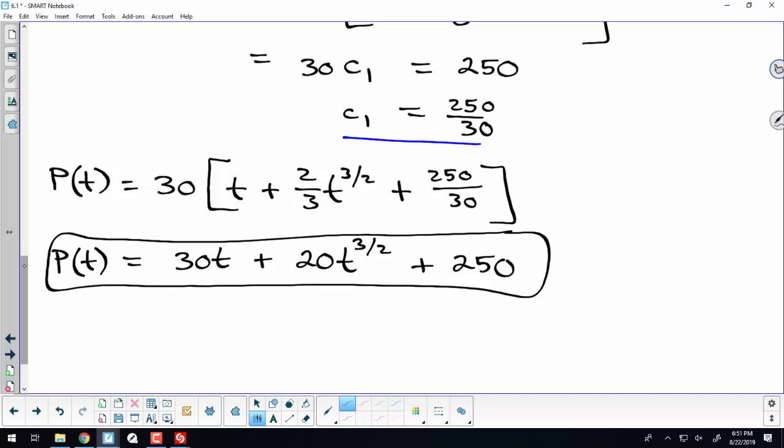And you could also try the fundamental theorem route just to verify that you do end up with the same thing. But again, in order to answer part A, I need a population function to evaluate at 20. So we could have just done this first and then plugged 20 into this to get our answer from part A.